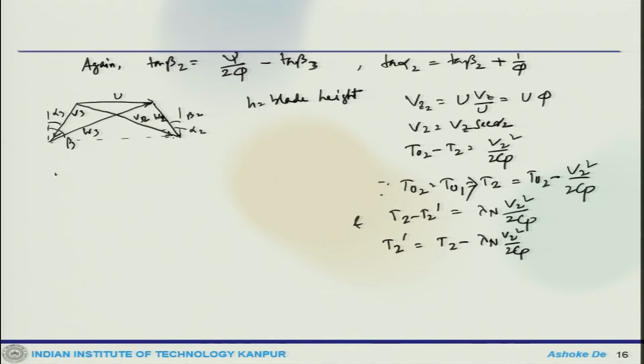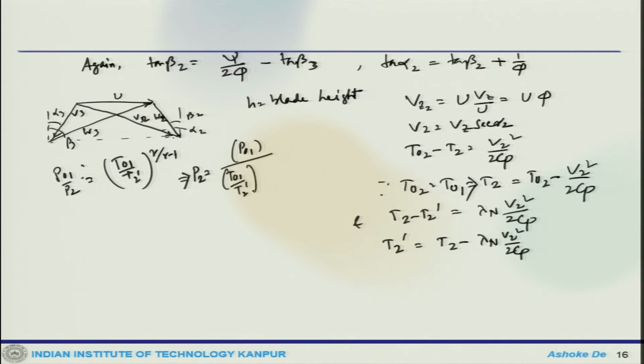Also, we have P naught 1 by P2 equals T naught 1 by T2 prime to the power gamma by gamma minus 1, which gives us P2 equals P naught 1 times T naught 1 by T2 prime to the power gamma by gamma minus 1. So, rho 2 is P2 by R T2. So, that is how we get the density.